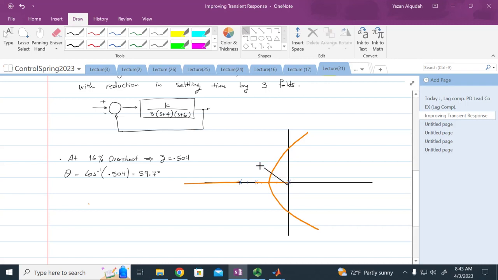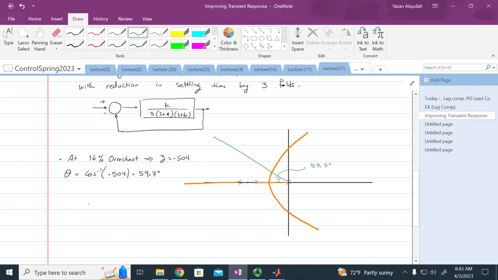We're going to plot a line. What is this angle equal to? 59.7 degrees.